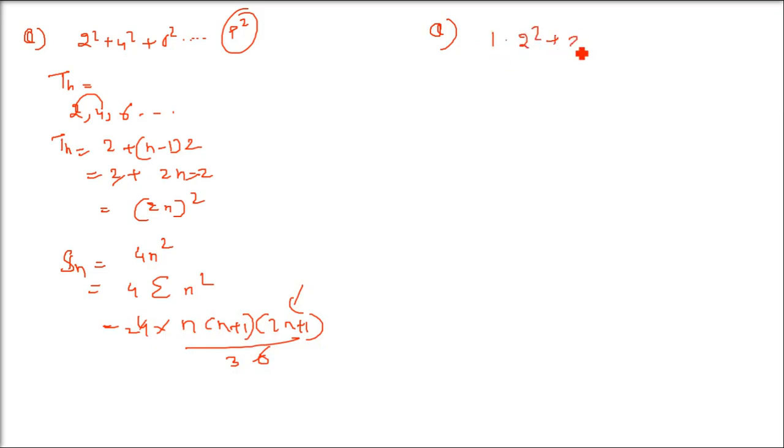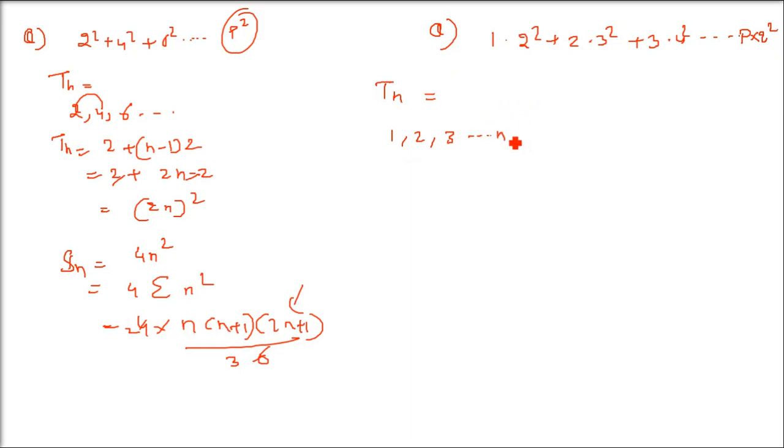One more is there, 1 dot 2 square plus 2 dot 3 square plus 3 dot 4 square. So the first Tn, the last, is p into q square. Assume it to be p into q square. What is p? Since it is clear, 1, 2, 3, we have already done this type of question, n will come. The final term will be n.